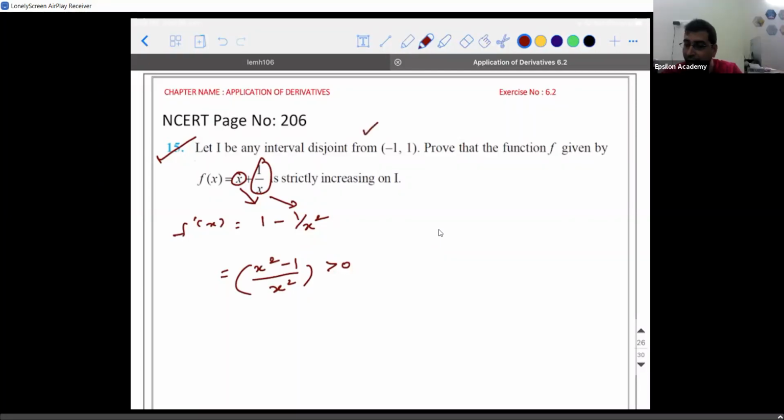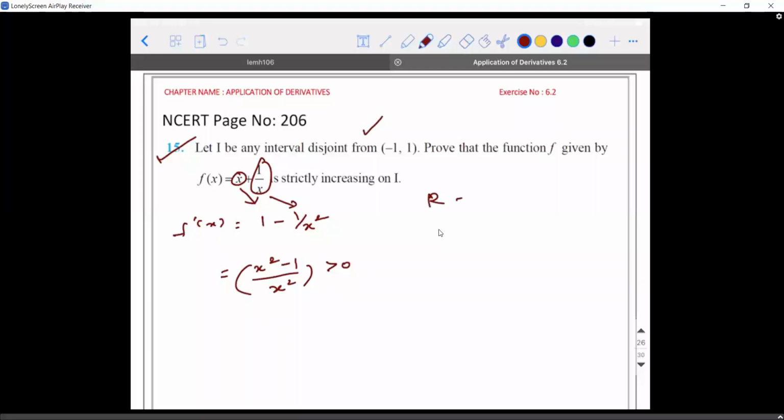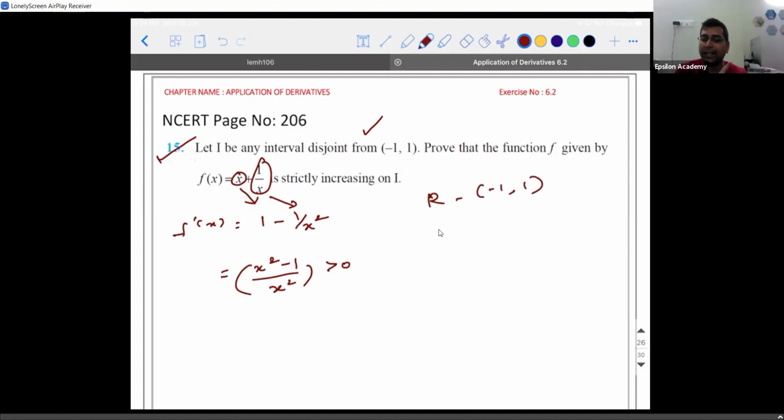Let I be any interval disjoint from minus 1 to 1, a real number except minus 1 to 1. So minus 1 to 1, there is a 0 in between. So we can clearly say that x is not equal to 0. When x is not equal to 0, this x square can go to the other side.